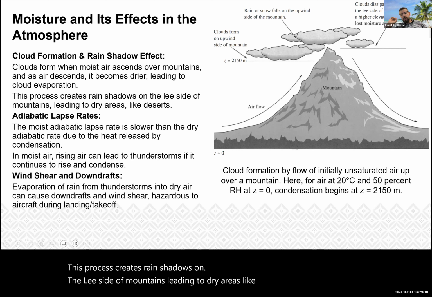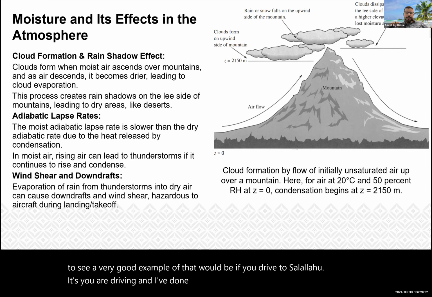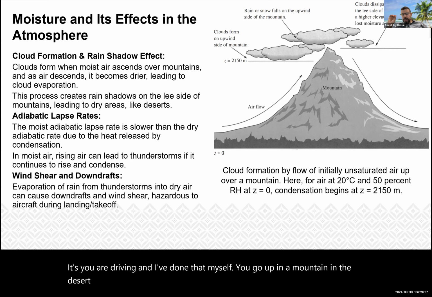So if you really want to see a very good example of that, it would be if you drive to Salalah in Oman. You are driving, and I've done that myself. You go up a mountain in the desert, and suddenly you arrive at the top of the mountain, and here it's all desert.